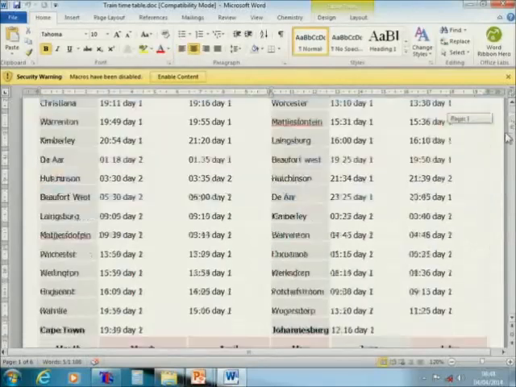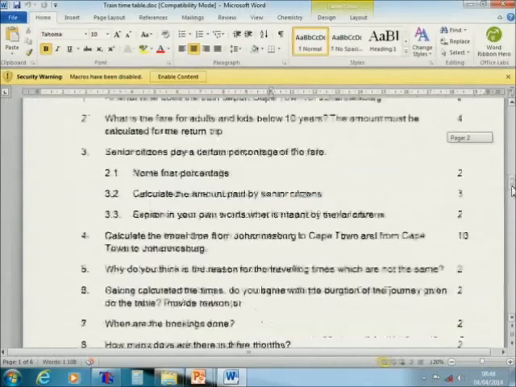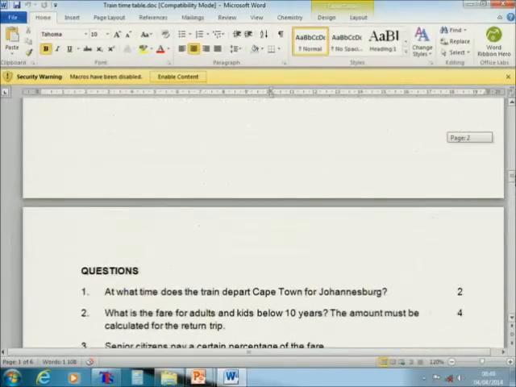And for kids, 3 to 9, it's half price. So let us do our calculation. Let's go back to the question. What is the fare for adults and kids below 10 years? The amounts must be calculated for the return trip.